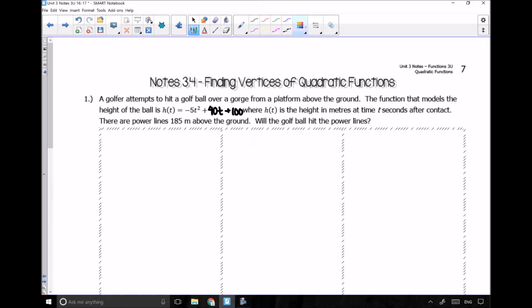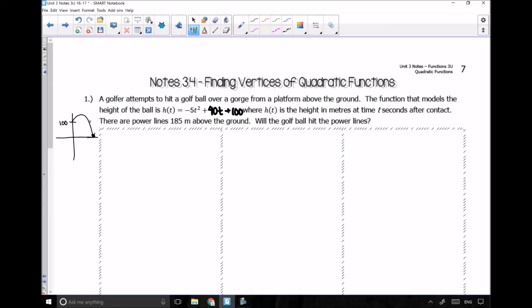So in order to figure this out, what I need to do is understand what this graph is going to look like. Well, I see that it has a negative leading coefficient here, so that's telling me that my graph is going to end up looking as follows, okay? So my graph is going to look this way, and I know it's going to start at 100 because that's my y-intercept.